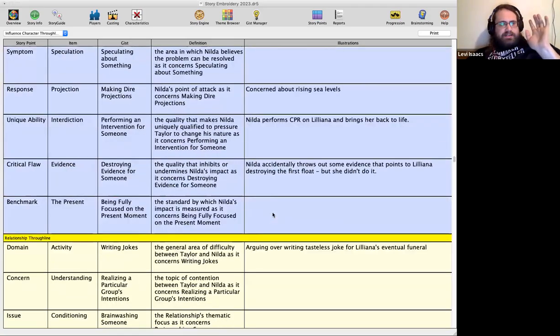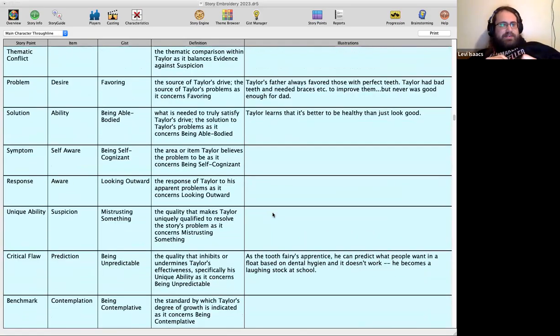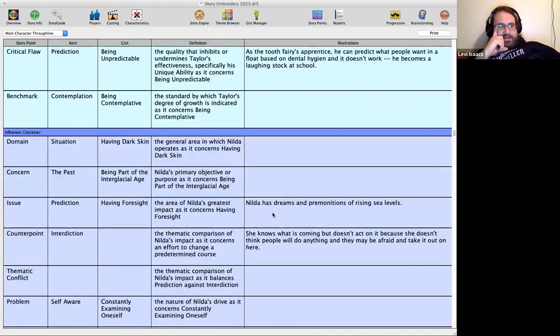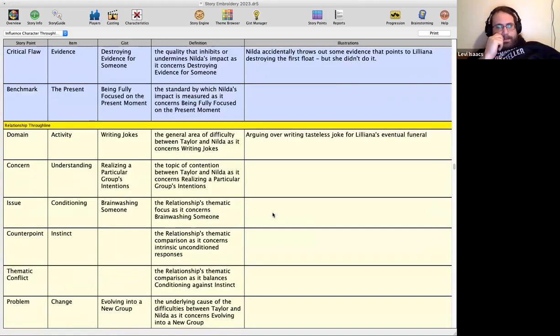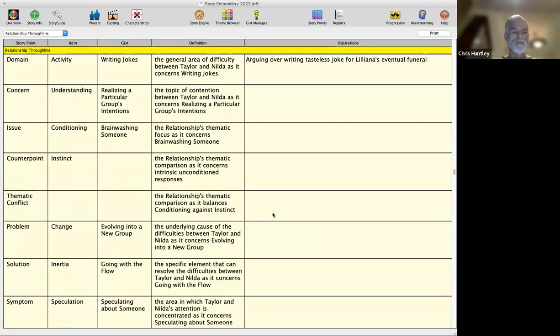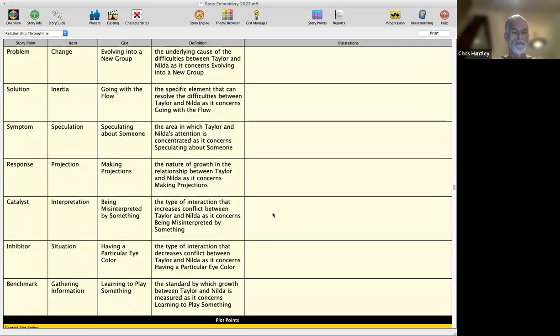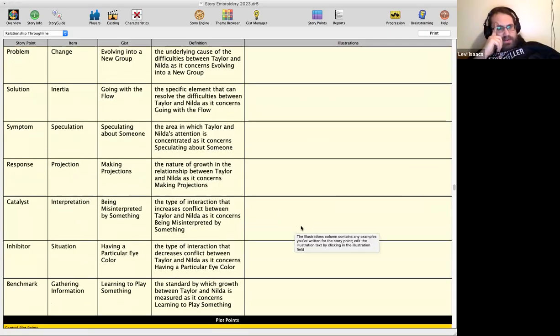But I did have a thought also for having a particular eye color for the inhibitor. For the relationship? Yeah. So I had maybe both of them have lighter blue eyes, which can lead to certain health risks and concern about family history, and lead to a little bit of thematic conflict about what you can tell from somebody just from looking at them versus not knowing their internal struggles.